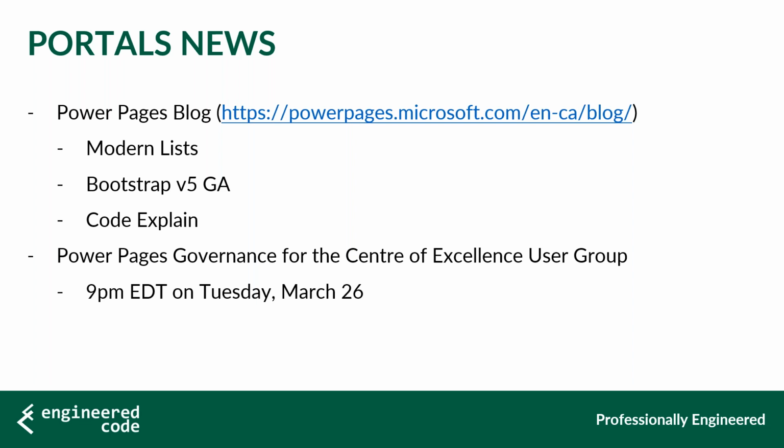Right now, when you have your list on your Power Pages form, it's looked the same way for the last, I don't know, 10 years. So Microsoft has reimagined and added functionality to those lists. You are now able to use that new modern list control. And I believe there's essentially a little switch that you can flip in the Power Pages Design Studio, where you can say, hey, I want to use the new list versus the old list.